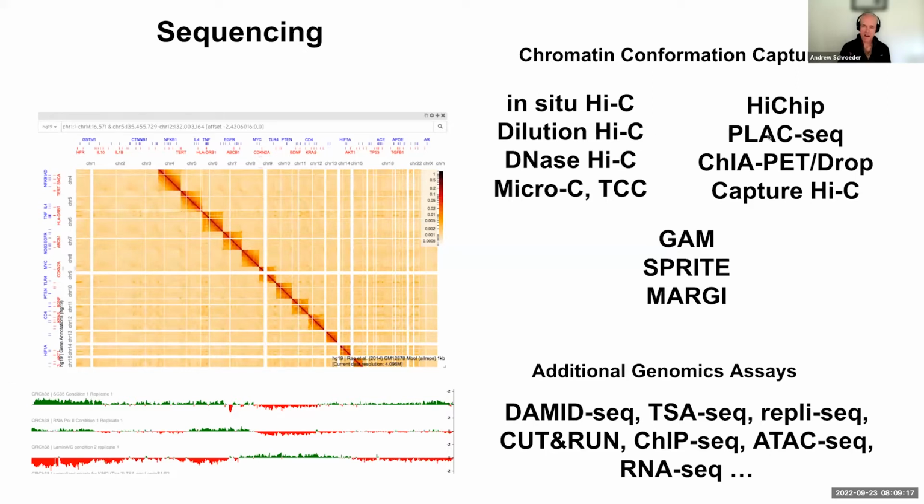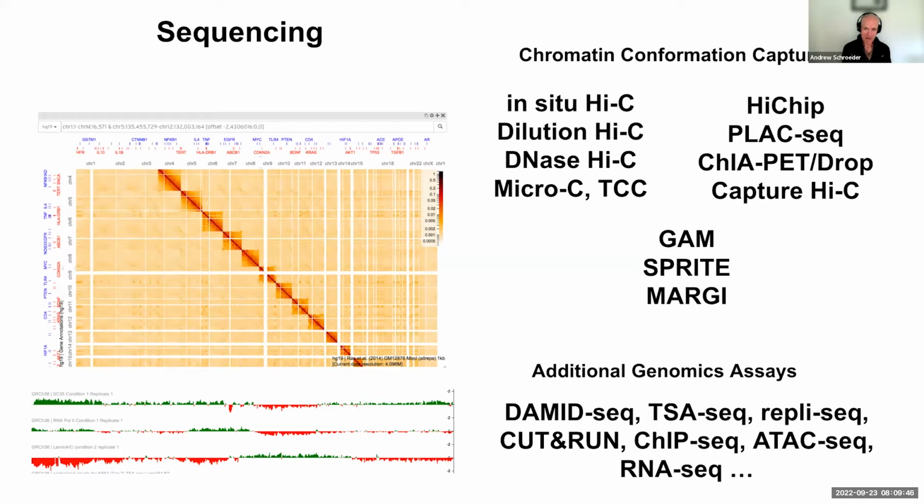And on the right, there are also techniques to enrich various regions where you're looking at the chromatin interactions in a subset of the genome, either those regions associated with particular targeted proteins, or specifically targeted regions of the genome using Capture Hi-C.